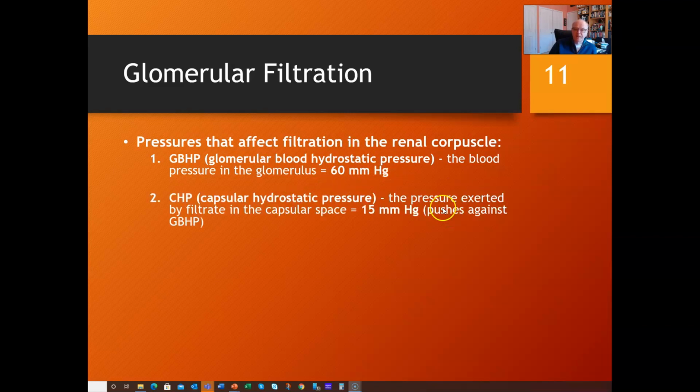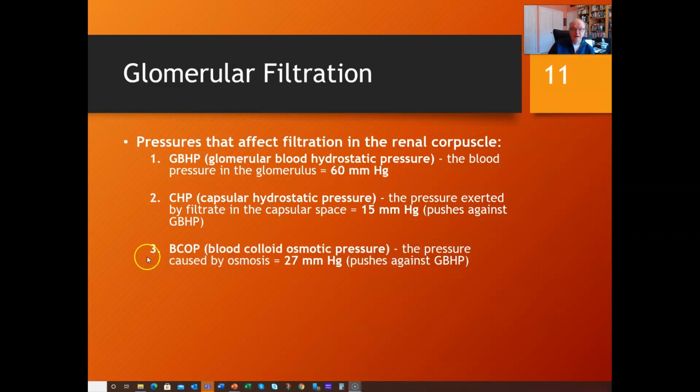But pushing back is 15. Because the capsular hydrostatic pressure, basically the filtrate in the capsule pushes back against the blood. And so that would make it 45 total. But we also have blood colloidal osmotic pressure, the pressure caused by osmosis, because that's how the blood gets out, the filtrate gets out, which is 27.